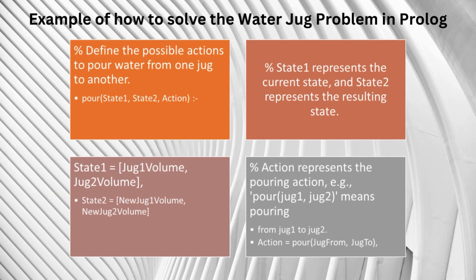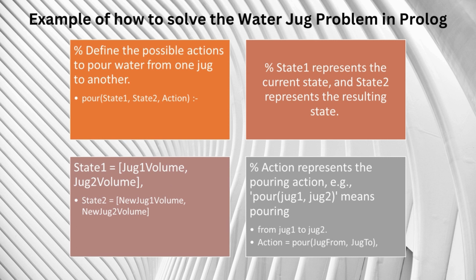Next, define the possible action to pour water from one jug to another. Pour state 1 comma state 2 comma action, which implies state 1 represents the current state and state 2 represents the resulting state. So, state 1 is equal to jug 1 volume comma jug 2 volume, and state 2 is equal to new jug 1 volume comma new jug 2 volume.